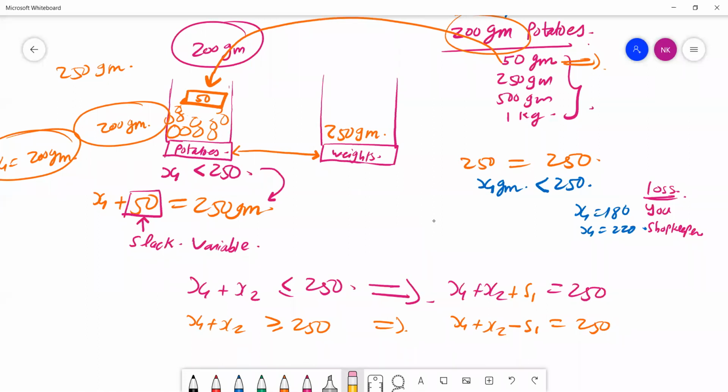This is called the surplus variable, or excess variable.